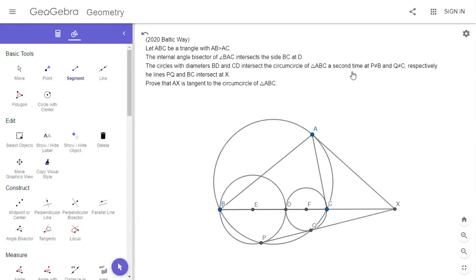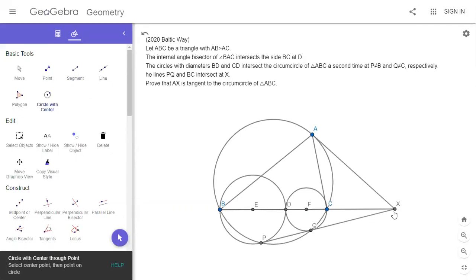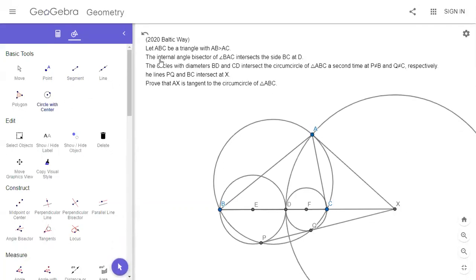Is BCQP cyclic? Yeah, because they're defined to all lie on the same circle, B, C, Q, and P, so they have to be cyclic. Is XA equal to XD? Could be. Yes, XA is XD.